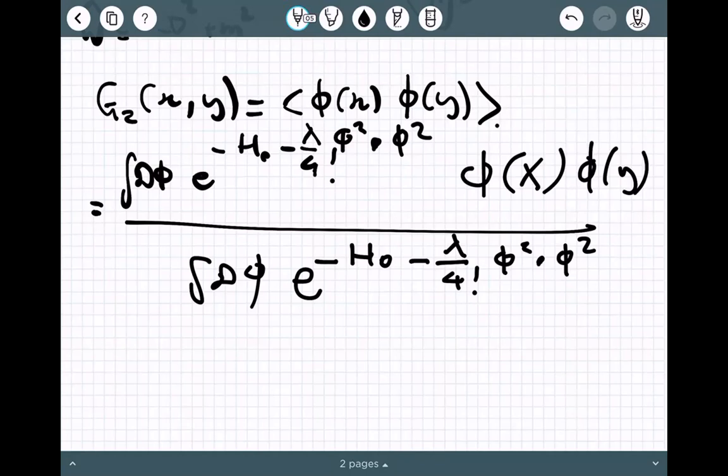So the idea now is to exploit the assumptions of weak coupling. But as you see, the assumption of weak coupling is now that the contribution of this term in the exponent will affect weakly the correlation function.